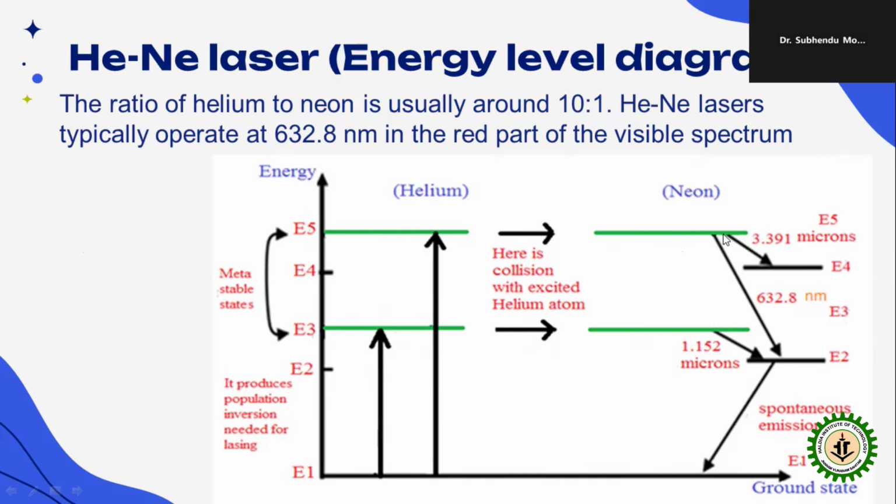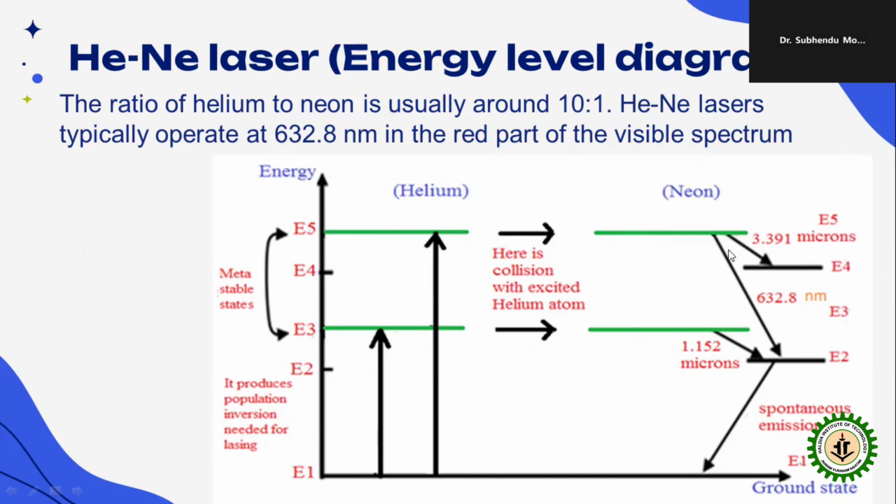From there it comes down with a radiation-less transition to the E2 state. Basically, these neon E5 and E3 states are the metastable states.